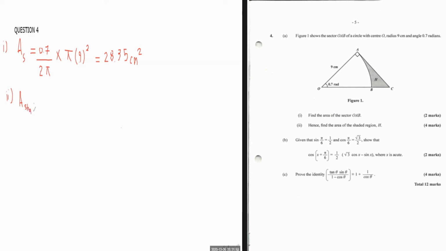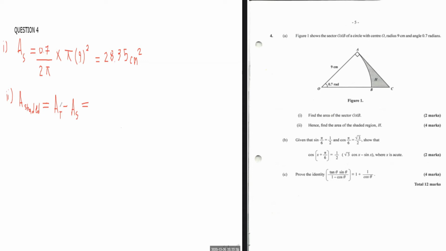Area shaded is equal to the area of the triangle minus the area of the sector. Area of the triangle minus the area of the sector, that will give us the area shaded. Nice and easy.